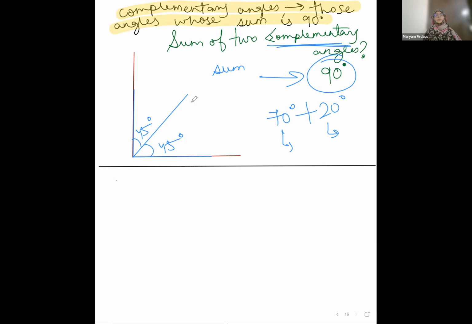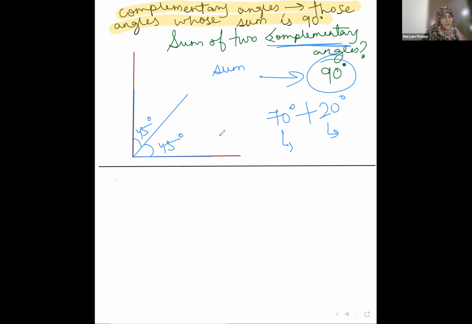They're asking whether it is possible for two acute angles to be complementary to each other. Yes, they can. In fact, two acute angles only will be, right? Yeah. Okay, fine.